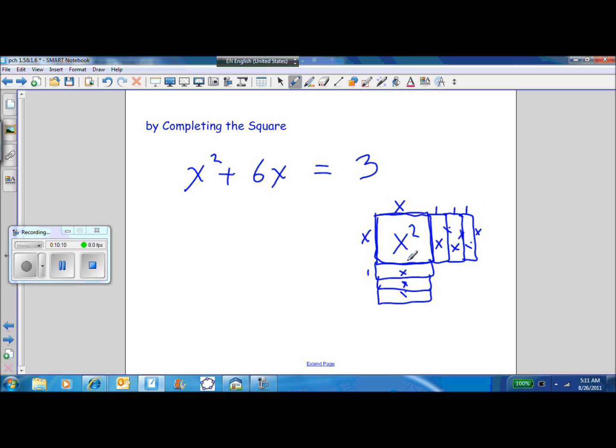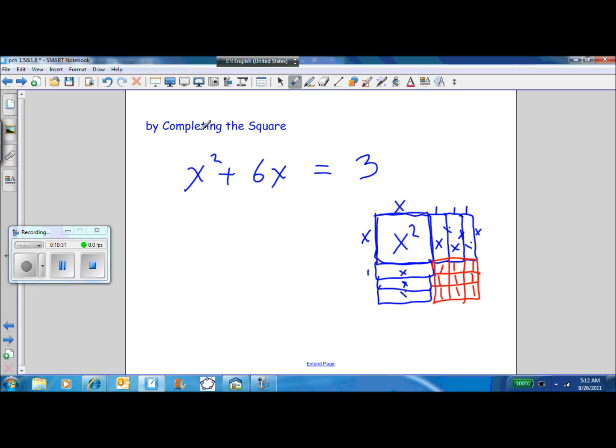Instead of just the small x by x square, I want to make an x plus 3 by x plus 3 square. So to complete the square is to fill in these missing parts here. These guys right here. And that's just going to be an array, 3 by 3 is an array of ones. So we're going to add 9 to complete the square.